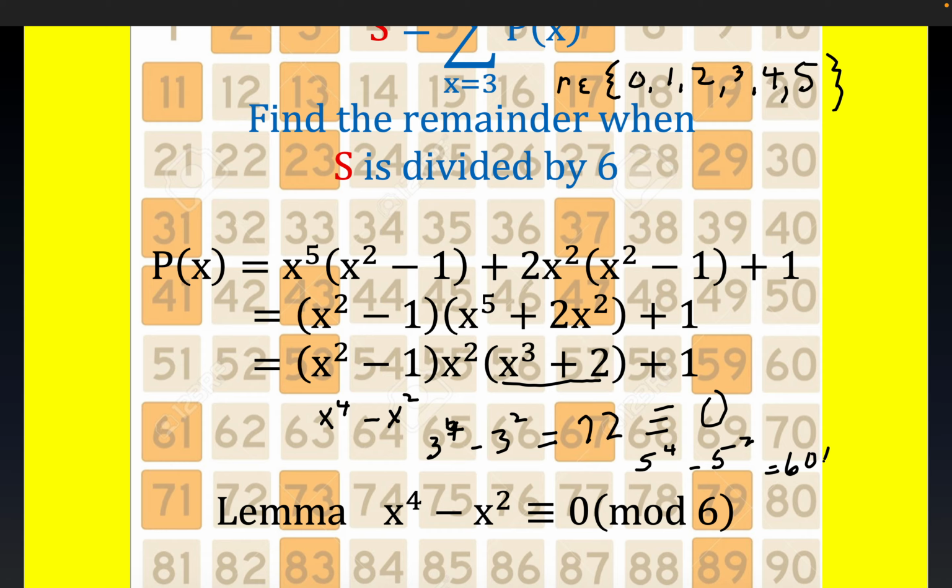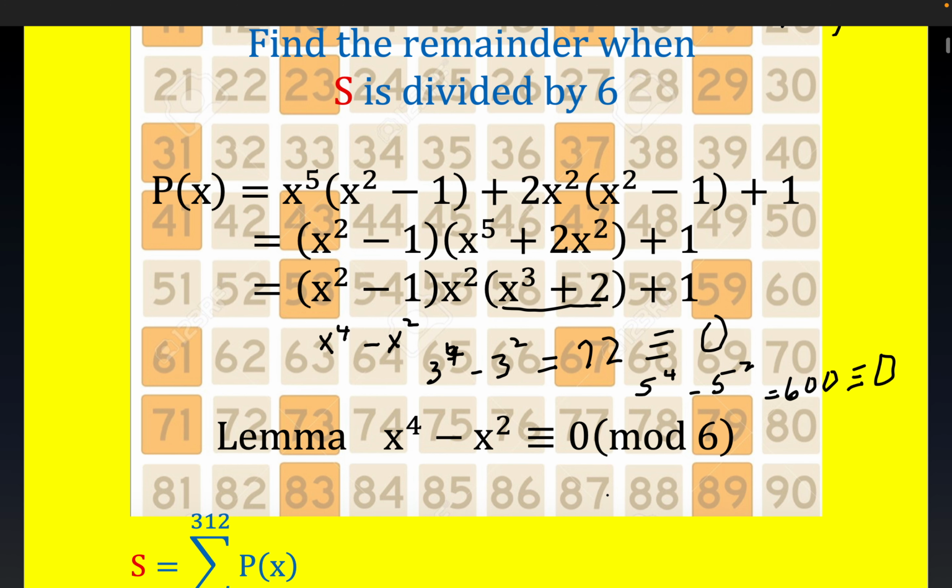We'll put 600 as congruent to 0 mod 6. Now you can check for 4, and this lemma really should state for all x, a member of the integers, because every integer has a remainder, like we said earlier in the video.